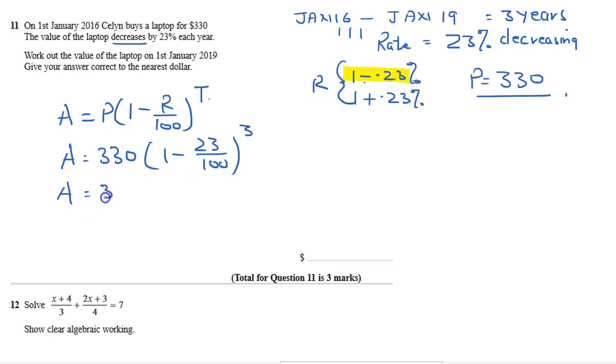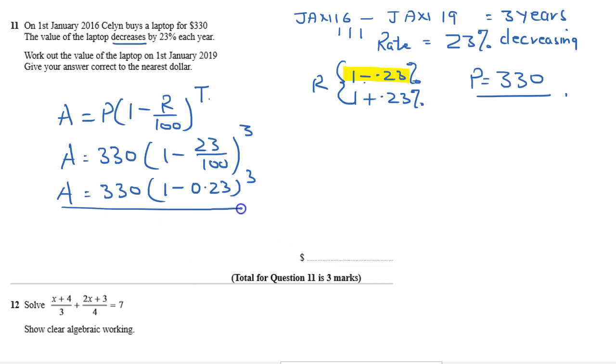So that will be 330 times 1 minus 0.23 to the power 3.